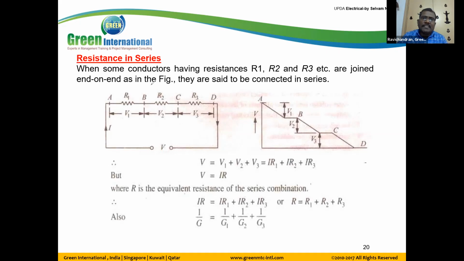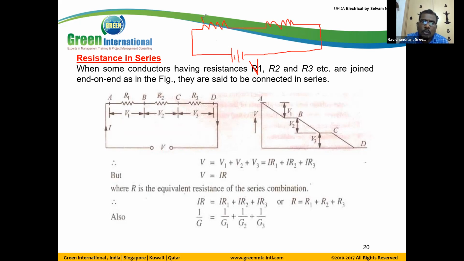Now resistors are connected in series circuits. Just assume that we have two resistors connected in a series circuit, with applied voltage V. Now the circuit is closed.